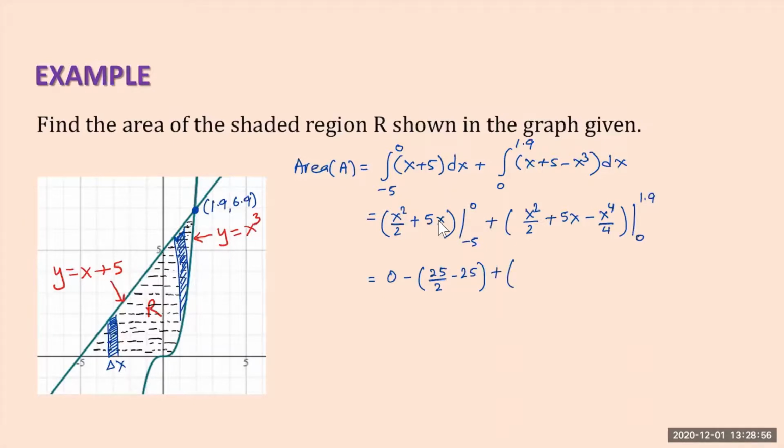Then plus, for the second one, I have to plug in 1.9 first, subtract, and plug in 0. So if I plug in 1.9, that will be 1.9 squared over 2 plus 5 times 1.9 minus 1.9 raised to 4 over 4. Then minus, if you plug in 0 to all of these, that will be 0.